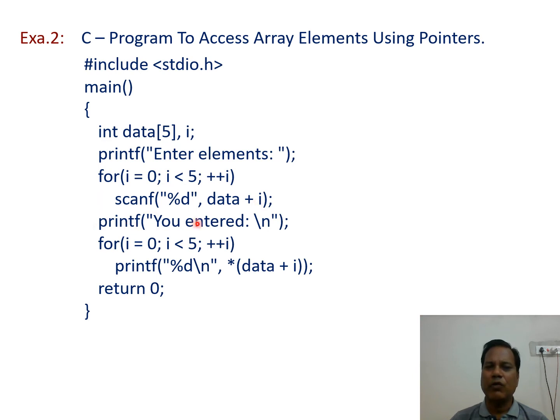Then printf you entered. So the data you have entered is printed using a for looping statement again. Again a for looping statement is used, and printf %d slash n asterisk data plus I. What is the data at this memory location? That is printed at this point. Starting from the first memory location, data plus 0, the address is pointed by the data array name.